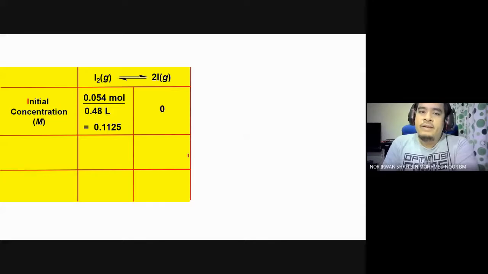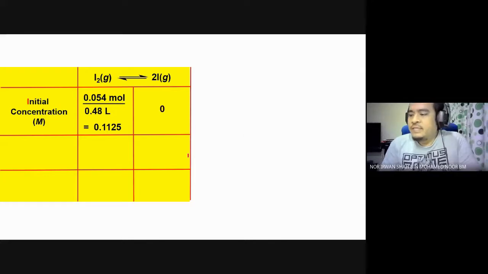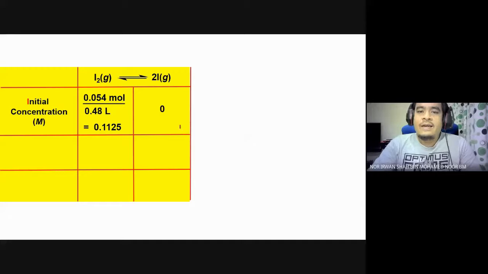Gaseous iodine atoms initially are 0 because they haven't been produced yet, since the iodine vapor hasn't dissociated yet.